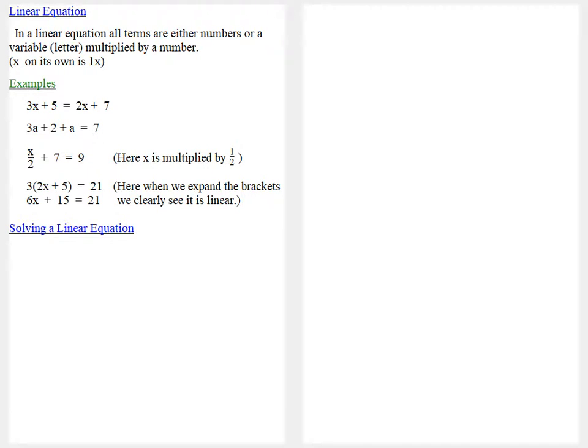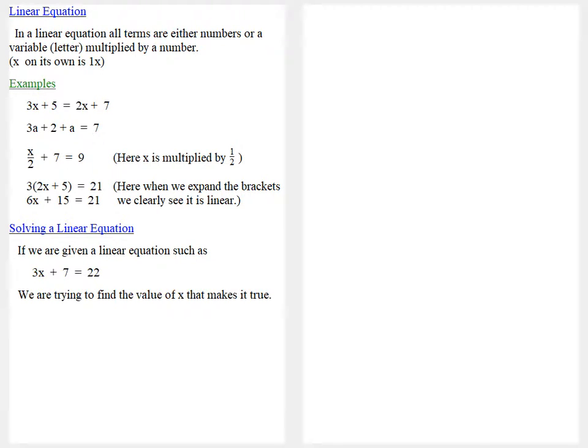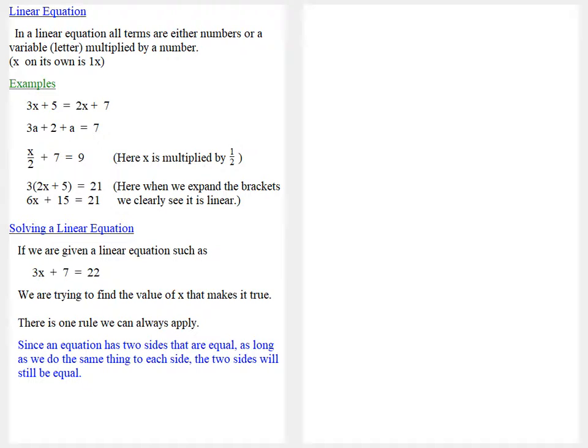Now, to solve a linear equation, let's suppose that we're given the linear equation 3x plus 7 equals 22. We're trying to find the value of x that makes it true. And there is one general rule that we can always use. Since an equation has two sides that are equal, as long as we do the same thing to each side, the two sides will still be equal.